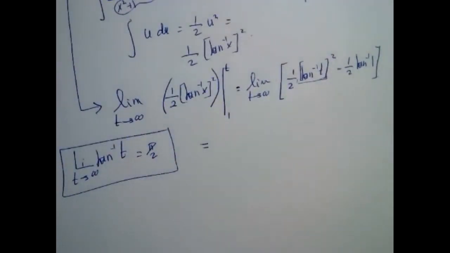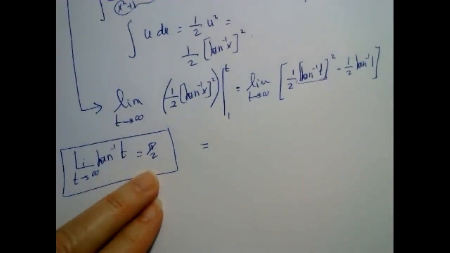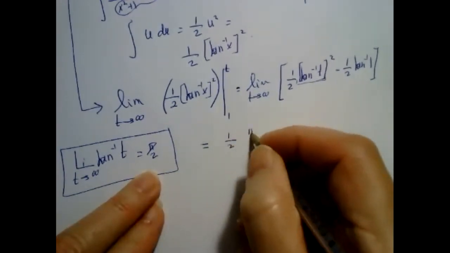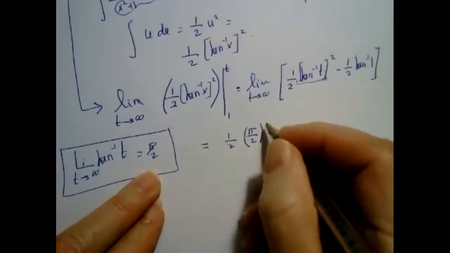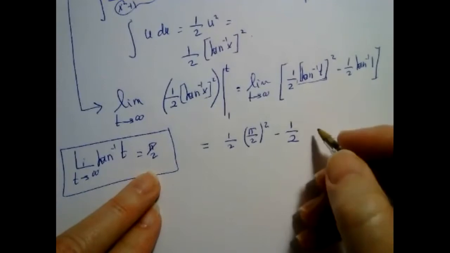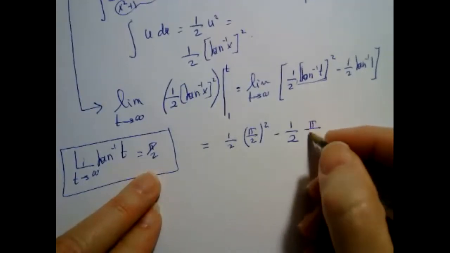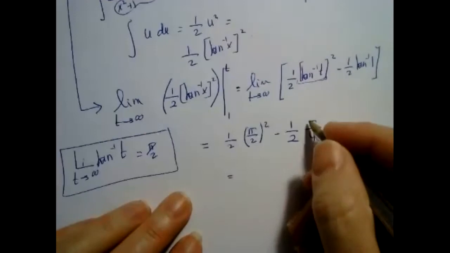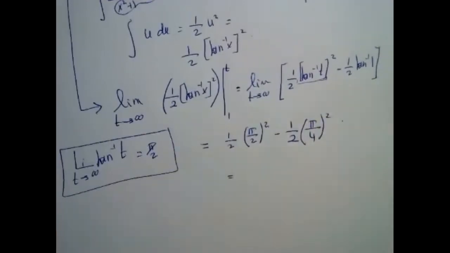Because the tangent of pi over 2 is not defined, but as the angle becomes close to pi over 2, the tangent goes to infinity. So this is going to be equal to a half pi over 2 squared minus tangent inverse of 1, which is pi over 4, squared. Okay, so finally I end up... I have a question.